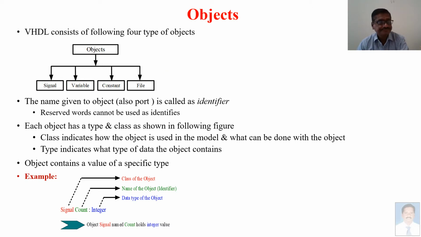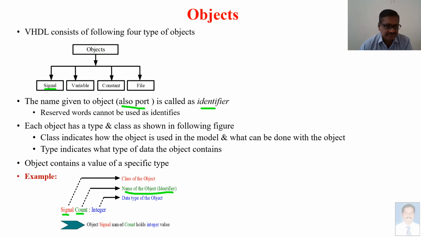The name given to the object, sometimes the name given to a port, is also known as an identifier. Suppose a signal: it starts with the reserved word signal followed by the name of the signal. This name is the name of the object, which is nothing but the identifier.